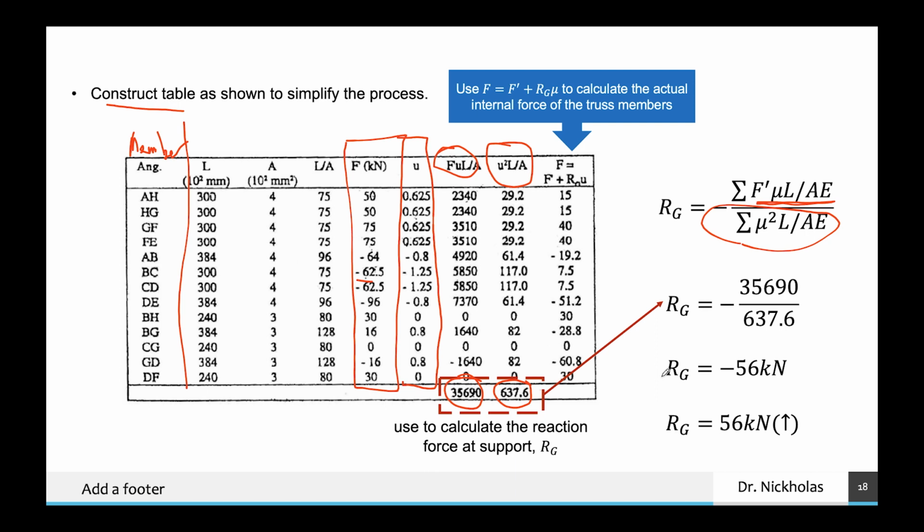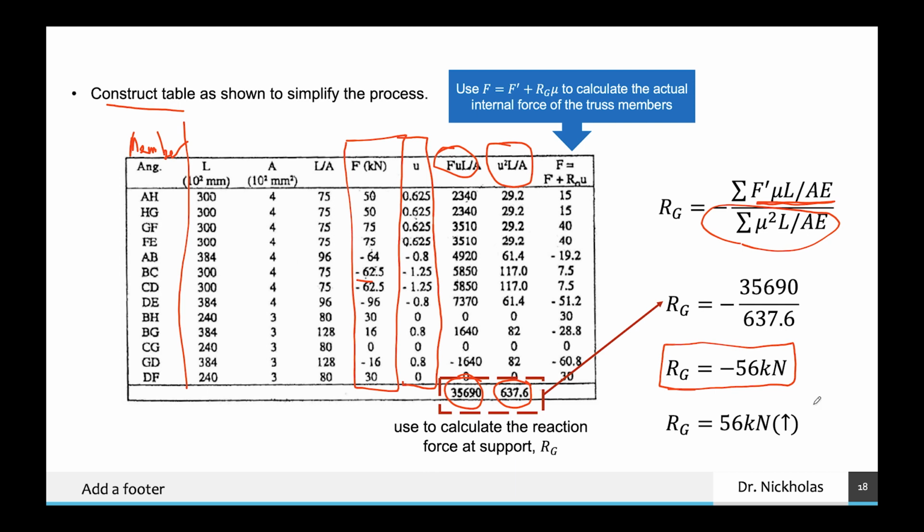What does negative 56 mean? Initially we assume the direction of the reaction force is going downward, because we apply the 1 unit load downward. But the result we obtain is a negative value, which means it points in the different direction, going upwards.